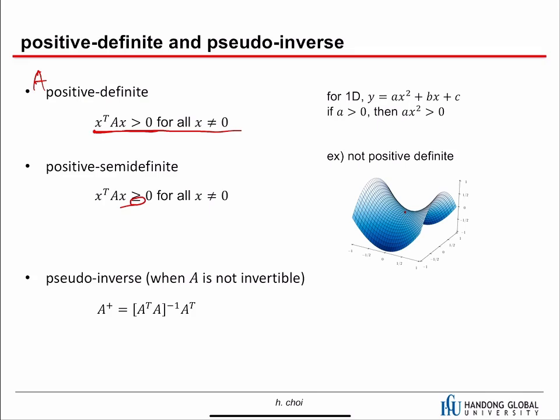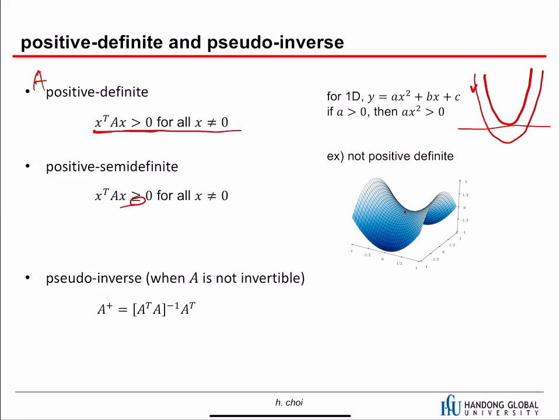So to understand positive definiteness, we need to look at this quadratic equation. If A is positive, then AX squared is positive. Then what happens? We can have this shape, right? Or this.